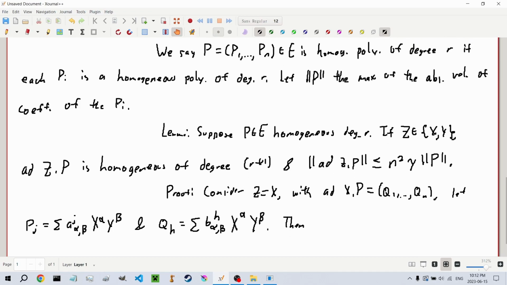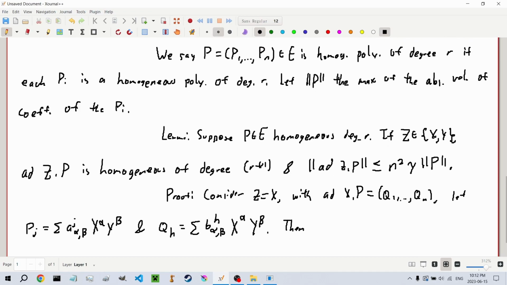Then we can also rewrite q_h as being the sum of gamma_ij^h times x_i p_j.